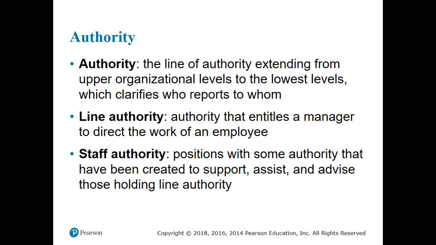And line of authority entitles a manager to direct the work of an employee. It is the employer-employee authority relationship that extends from the top of the organization to the lowest echelon.